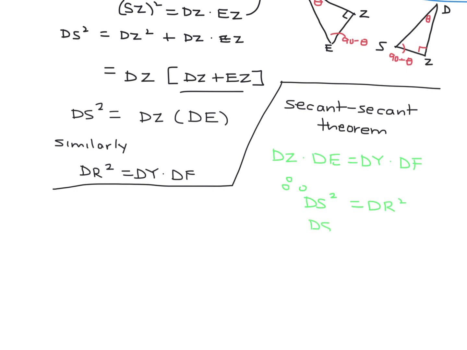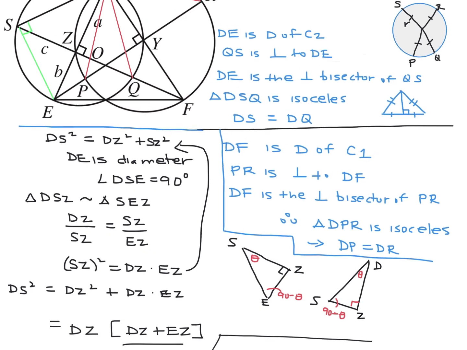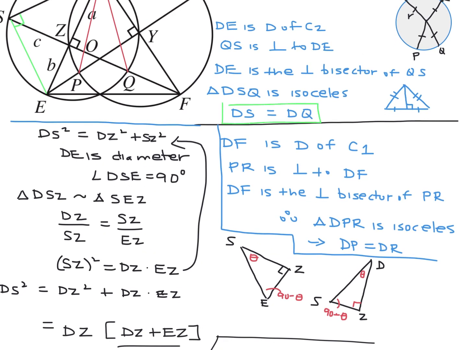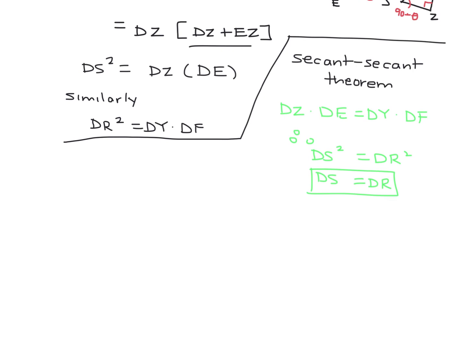And therefore DS is equal to DR. All right, so now we can combine this finding with this finding and this finding. DS is equal to DQ, DP is equal to DR. So let's write that here. DS is equal to DQ, and DP is equal to DR.